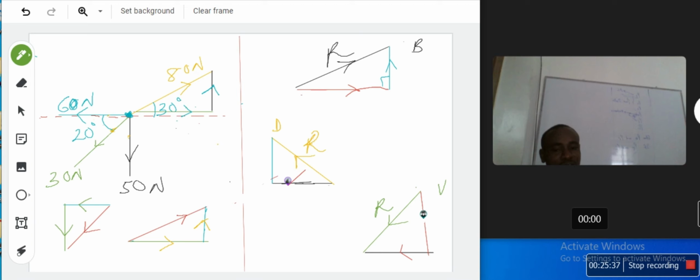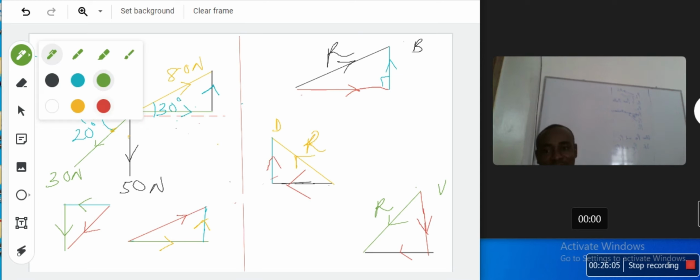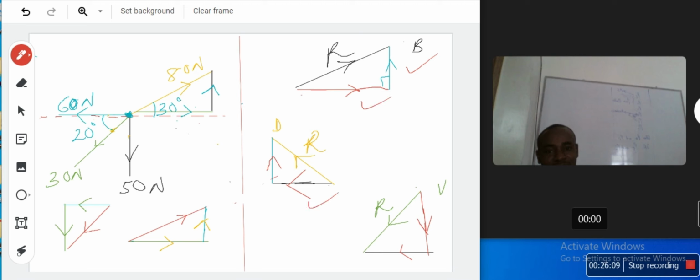You can just undo if you are. That's better, Daniel. You can still use the shift key to draw. So I can mark, this is correct, this is correct, this is correct. Okay, we have it.